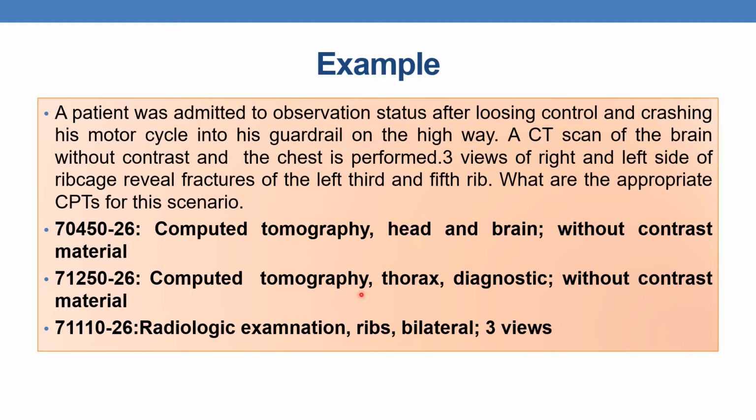The next is X-ray of ribs bilateral right and left, 3 views of right and left rib cage. That is bilateral radiological examination of ribs 3 views. The CPT is 71110. 26 modifier is appended to all CPTs to append the professional component.